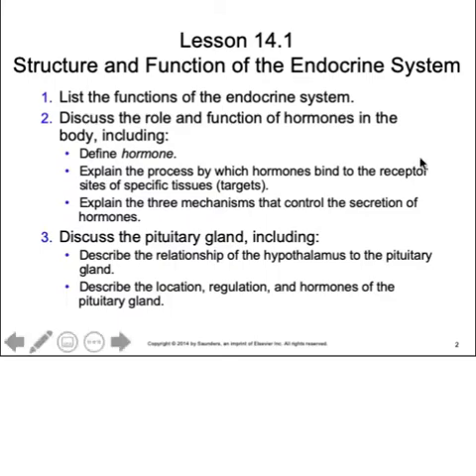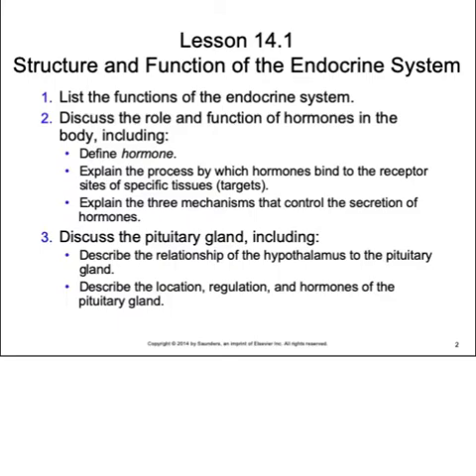The way the endocrine system does it is through chemicals called hormones that are secreted into the bloodstream by endocrine glands, and they travel in the bloodstream until they arrive at tissues that have molecules on their surface that will bind to those hormones.